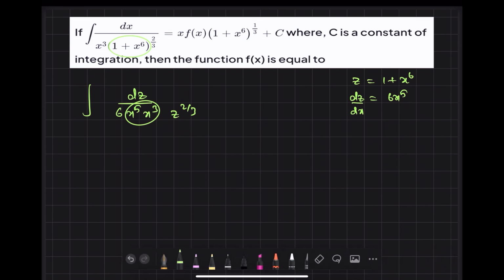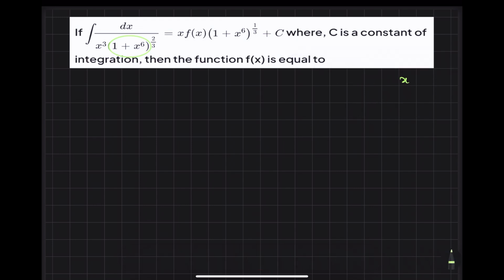So under these scenarios what we have to do, you have to take maximum thing common from the bracket. Under these kind of situations you have to take maximum thing common, that's it. So x power 3, and then you will take x power 6 common.